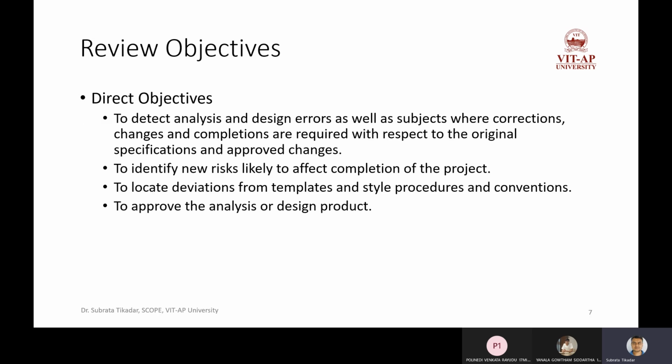The direct objectives of the review are listed here. First, to detect analysis and design errors, as well as subjects where corrections, changes, and completions are required with respect to the original specification and approved changes.